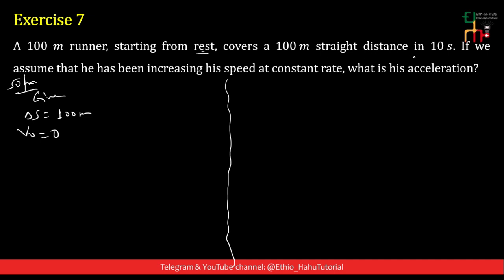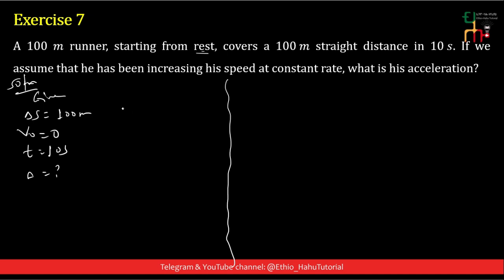The runner takes 10 seconds to cover this 100 meter, so time is equal to 10 seconds. Find the acceleration of the runner, assuming the runner increases his speed uniformly.